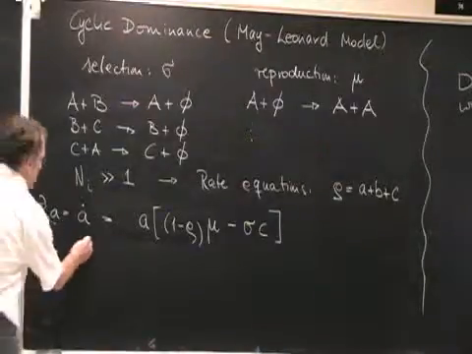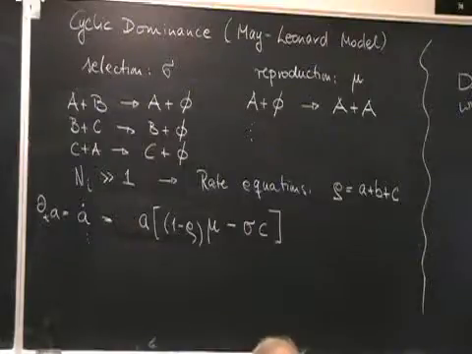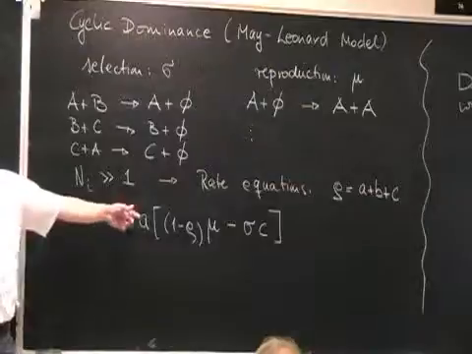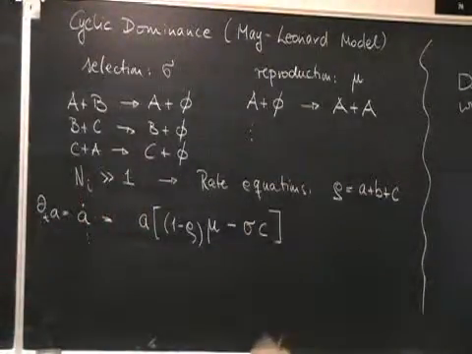And of course, you write the same kind of equation for B and C, simply replacing in a cyclic fashion A by B and B by C and C by A.